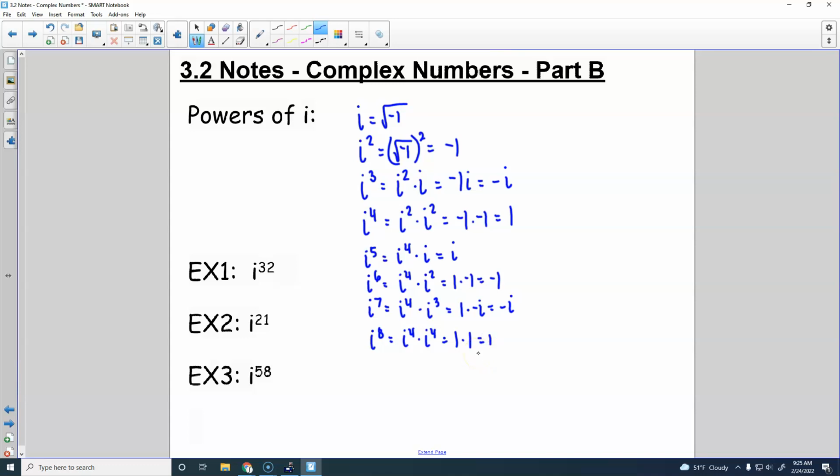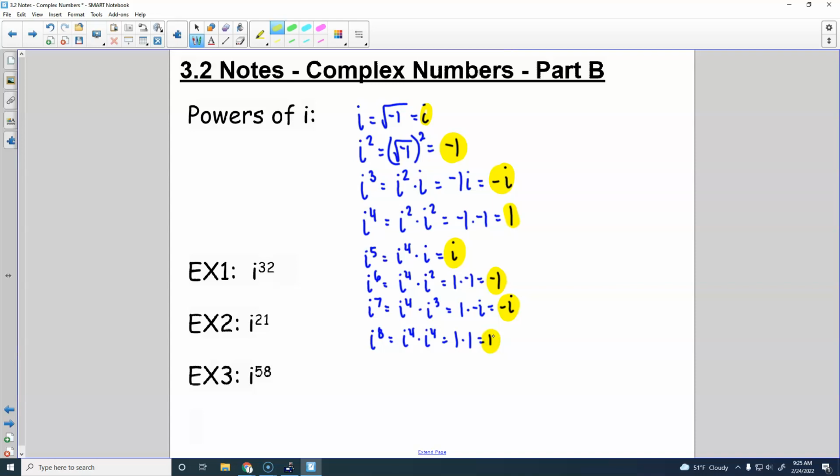Now, I could keep going, but that same pattern is just going to happen over and over again because we're going from i to negative 1, negative i, 1. i, negative 1, negative i, 1. All right, and that's going to keep on forever.